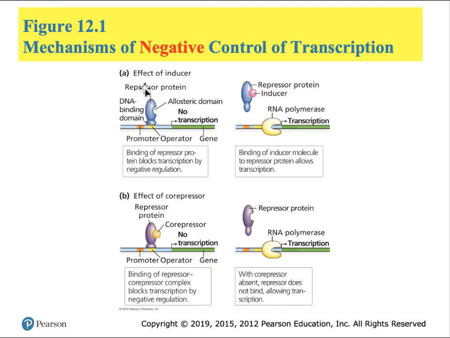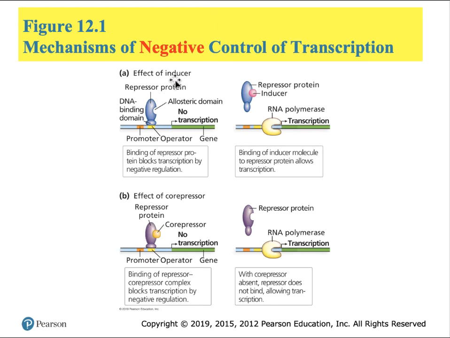The association of a protein with DNA in both cases does not result in any transcription. Therefore, the presence of the protein factor, the repressor protein, has no transcription associated with it. In order to get transcription, you have to remove the repressor protein in both cases.